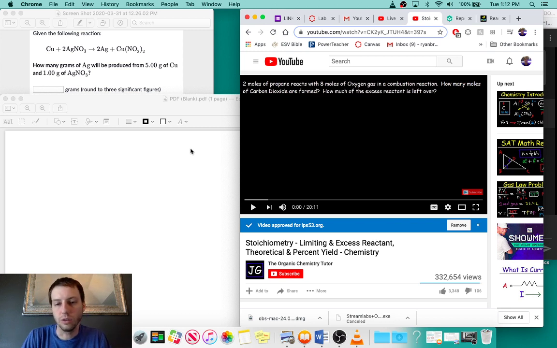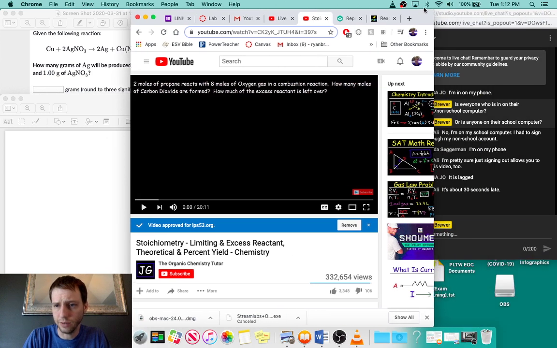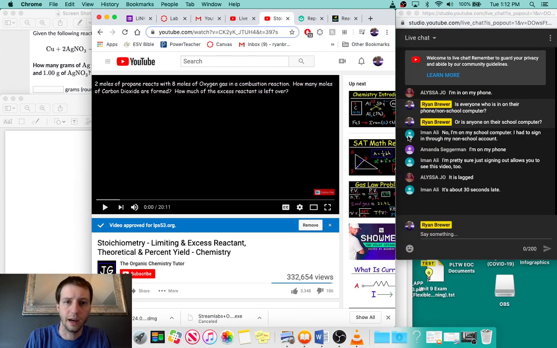There are other ways to do it and figure out how many moles of each reactant you have, and then use the mole ratio to figure it out that way. I find that conceptually, just solving both and finding out which one makes less is the best way that I've found to solve limiting reactant problems.